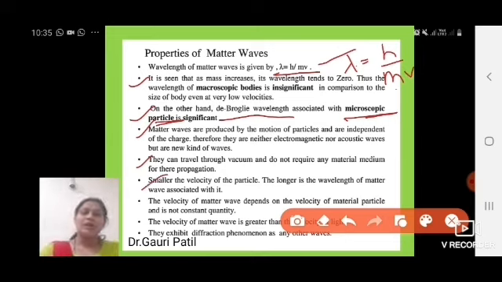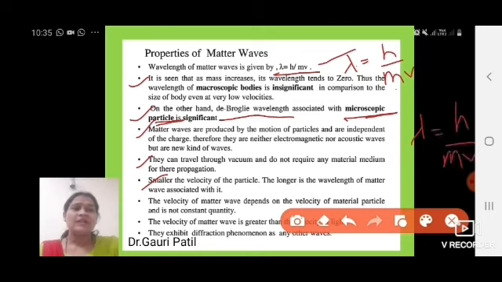Next, the smaller the velocity of the particle, the longer is the wavelength of the matter wave associated with it. We know that λ is equal to h upon mv, so if the velocity is smaller, then the wavelength becomes longer, because there is an inverse proportion between wavelength and velocity.